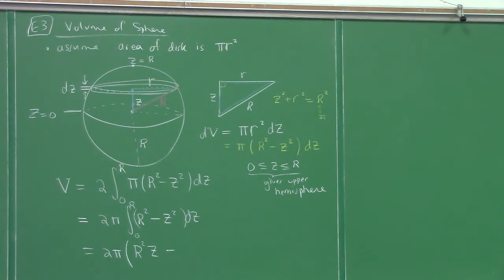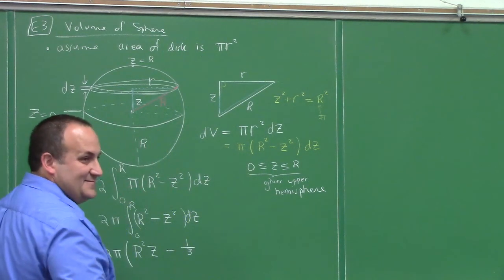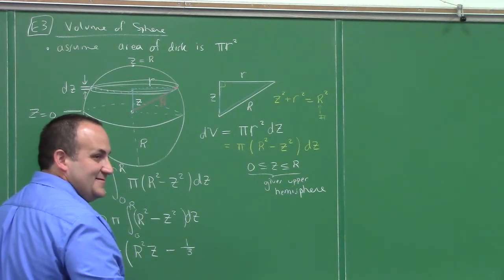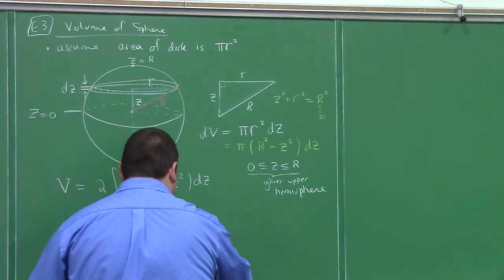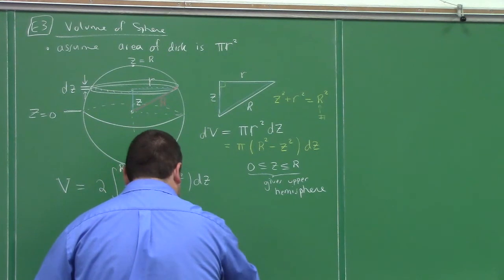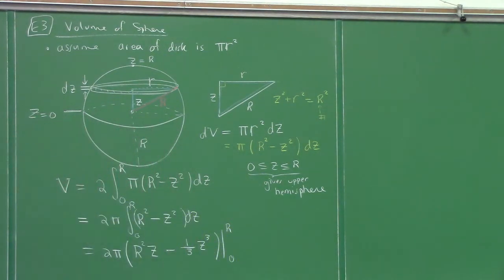We add 1 and divide by that, right? It's 1/3 z cubed, right? And I have to evaluate that from 0 to R. What's that give me?